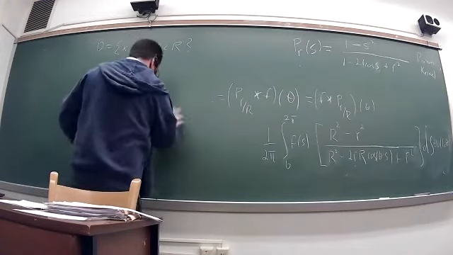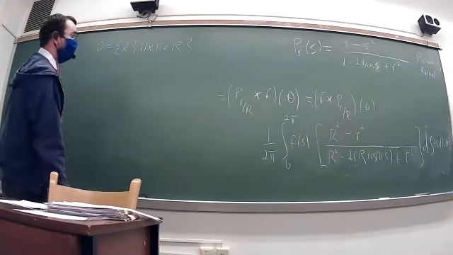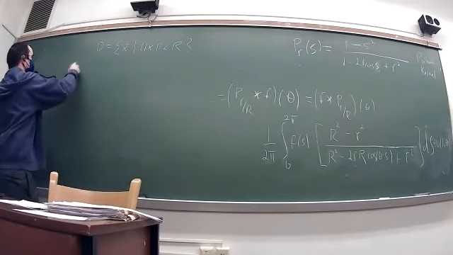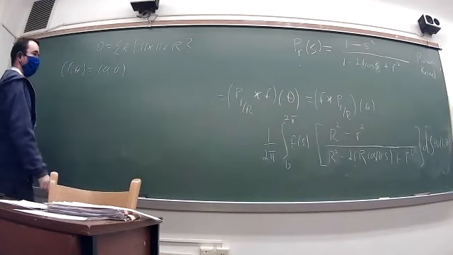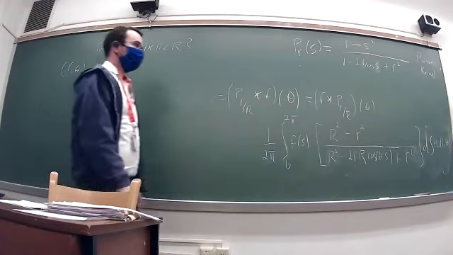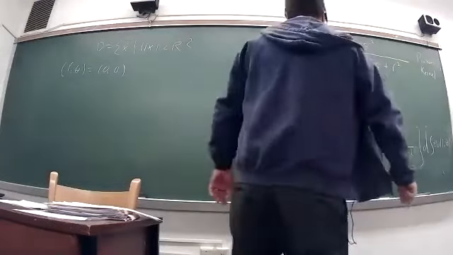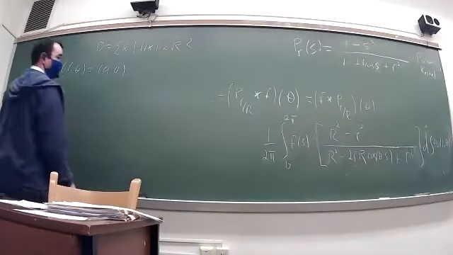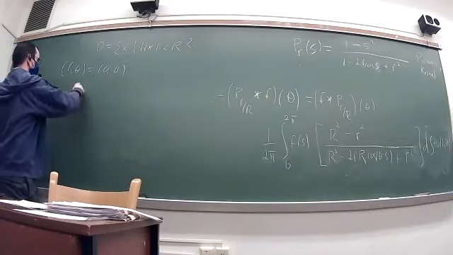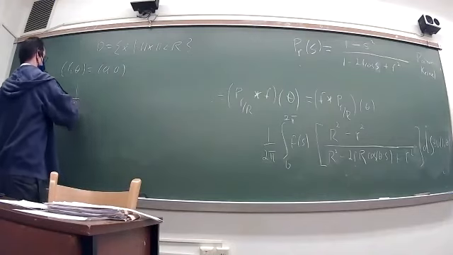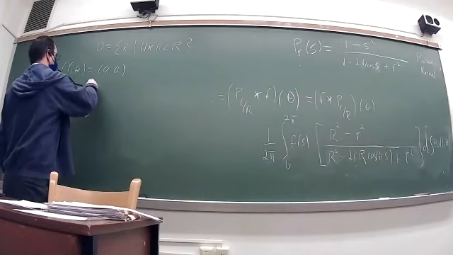And the immediate application of this is that if you plug in r, theta equals 0, 0, this is like the temperature at the origin. So what do you get?